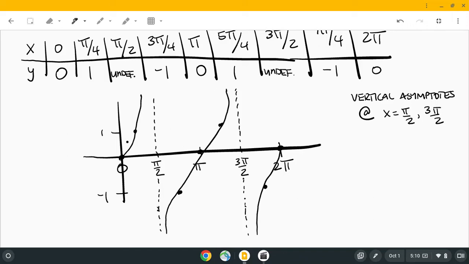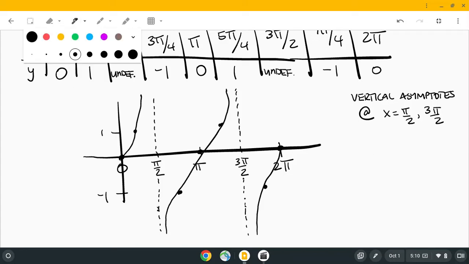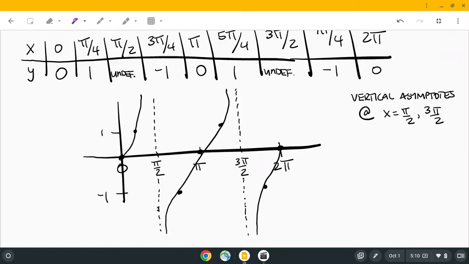Every time you go to pi, you're going to start having this upper part. So if I extend this to 4 pi, let's go to a different color. If I go all the way here to 4 pi, this exact same graph is going to repeat. Let's take a look at some highlights here.